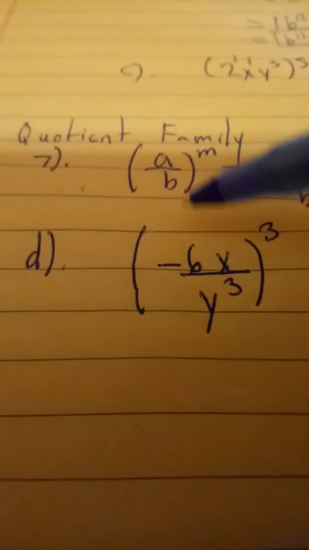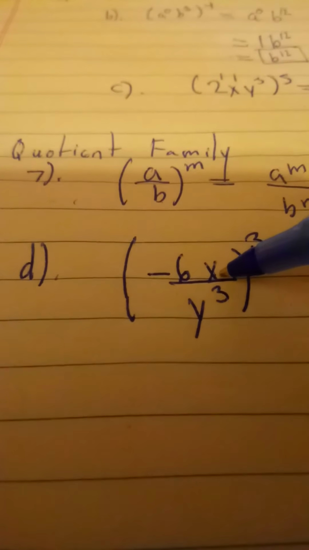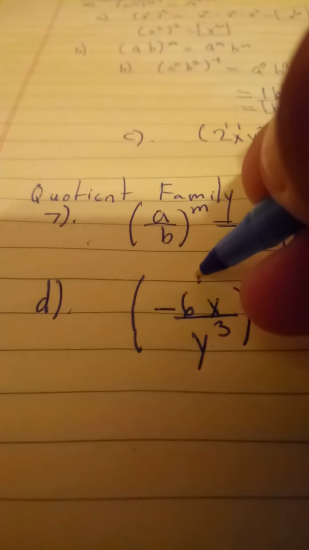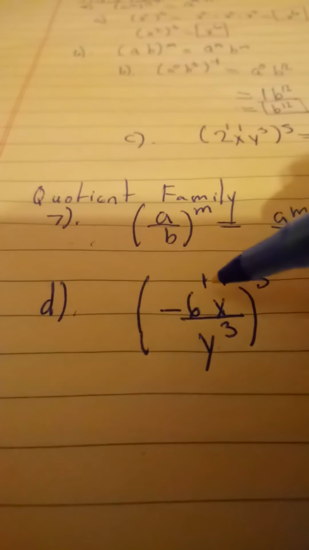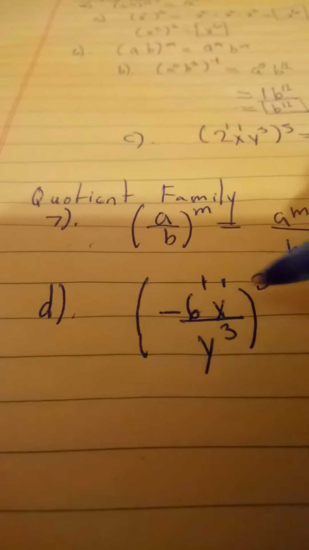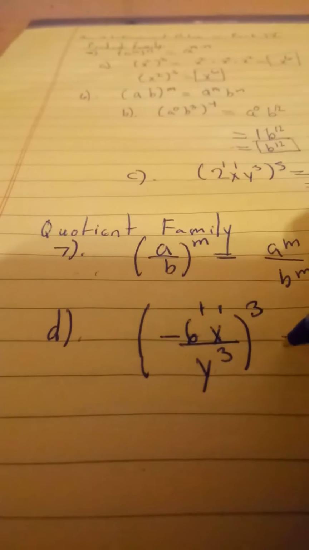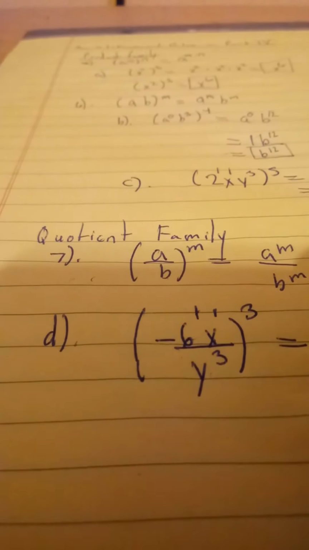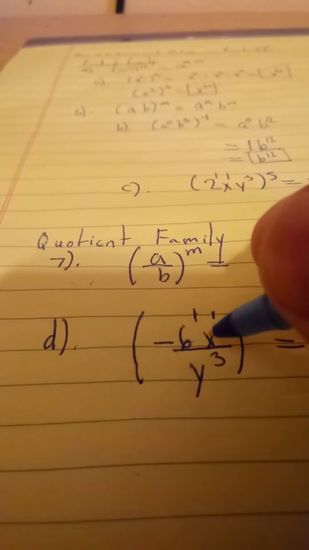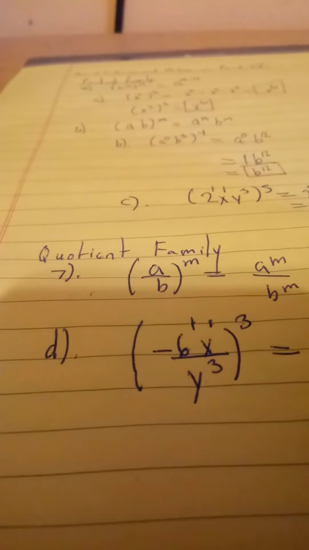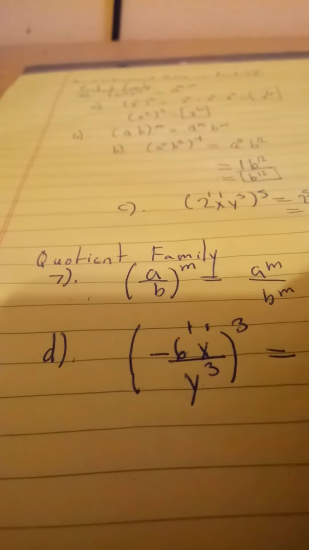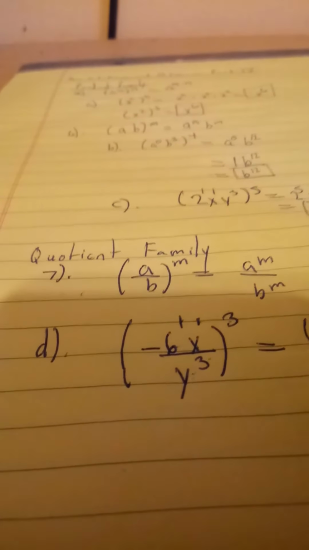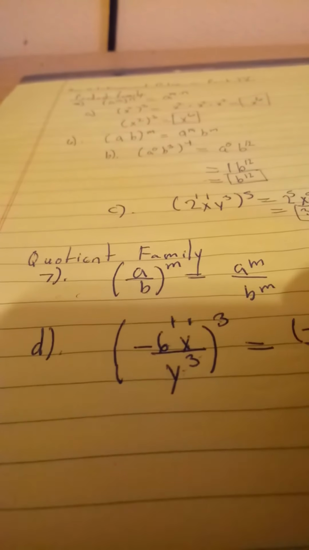In this case, we have the negative 6, we have this x, and we have the y to the third. Keep in mind that these are being raised to the third power. Now you've got to be careful with this one because it has a negative to it, so we have to make sure that we include that. So this will be negative 6 raised to the third. Here, 3 times 1 is 3, so it'll be x to the third. And the same thing at the bottom. y to the third times 3, that'll be y to the ninth.